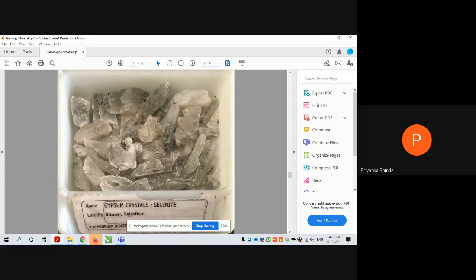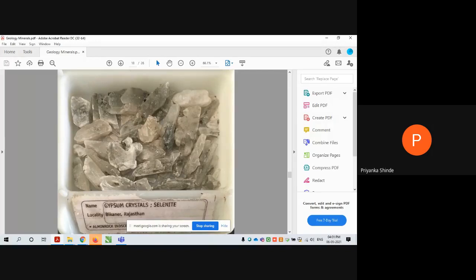Also it occurs as an evaporite deposit, meaning after evaporation of the water from the dissolved salts. Because it is a salt, CaSO4, calcium sulfate, after evaporation it is left out as a deposit like salt. If the mineral has formed by that process, it is called an evaporite deposit.